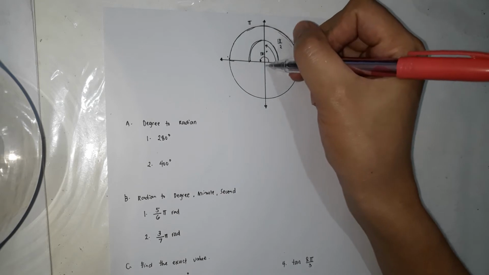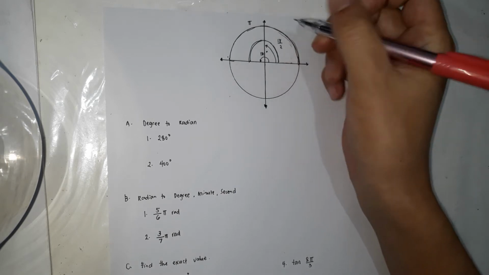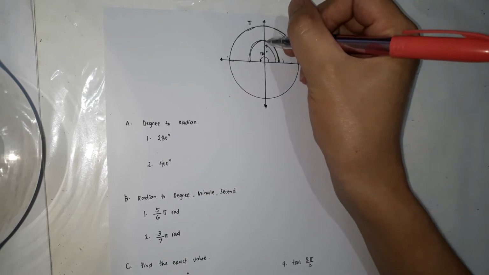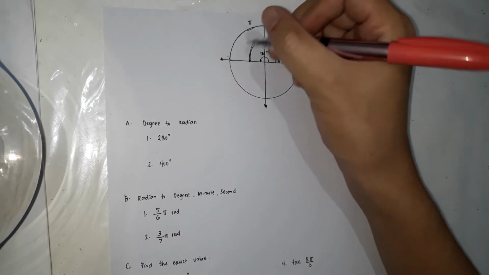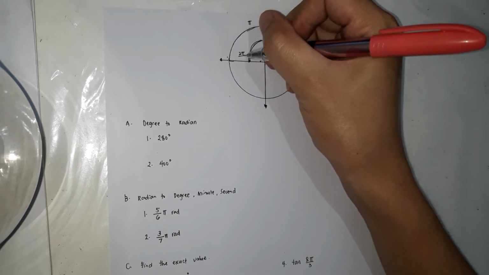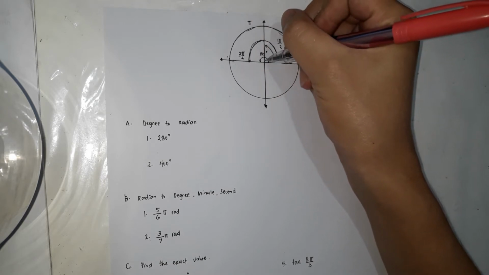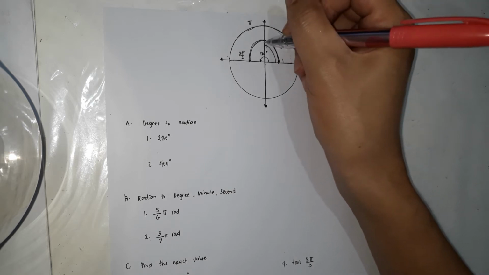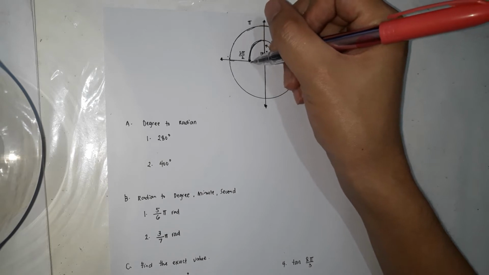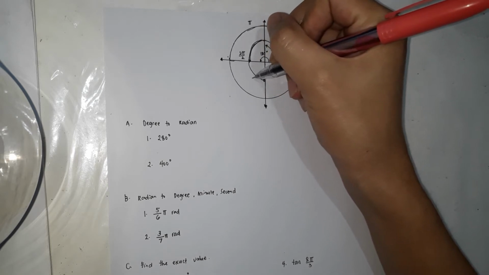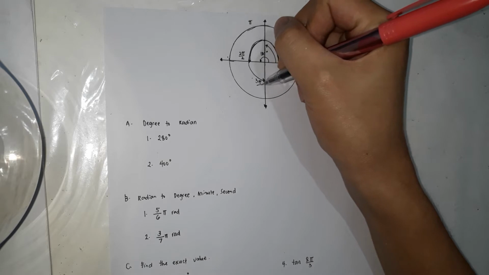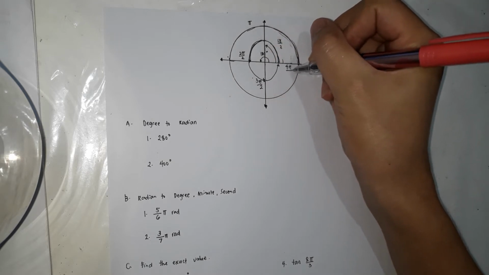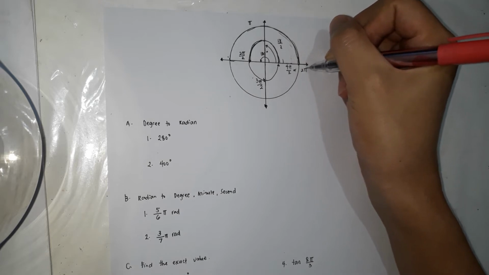Next, if until here, this is 2 pi over 2, because you divided it into two. This is the first part, so 1 pi over 2, this is the second part, 2 pi over 2, this is the third part, 3 pi over 2, and this is the fourth part, so this is 4 pi over 2, or 2 pi.